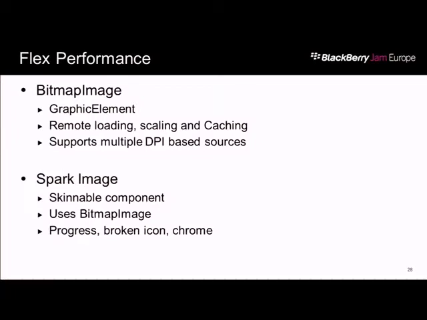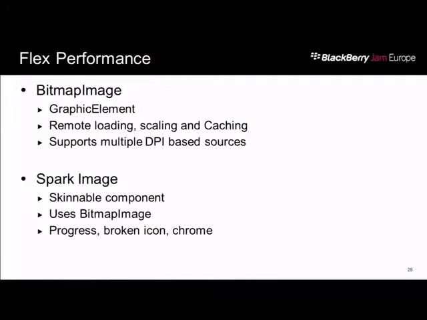When you use images inside the application, you have two kinds of image objects. You have the bitmap image and the Spark image. This is over Flex, okay? This is talking about Flex. The Spark image is the new component that appeared in Flex 4.